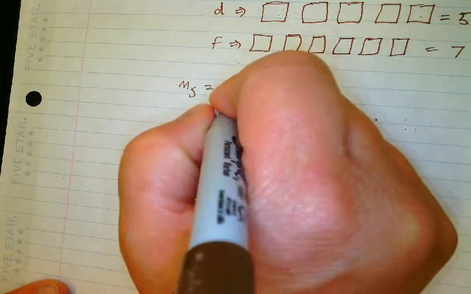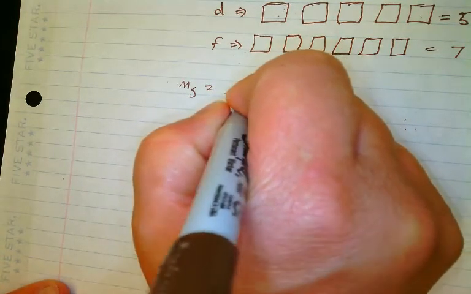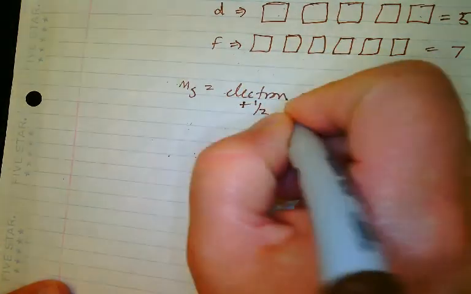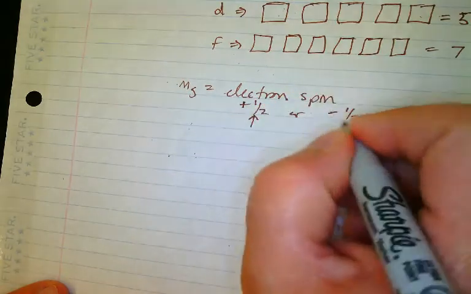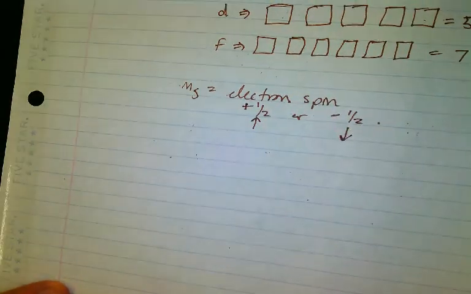It could either spin one way or the other. It could either be a plus 1/2 or a minus 1/2. So that would be my up arrow and that would be my down arrow.